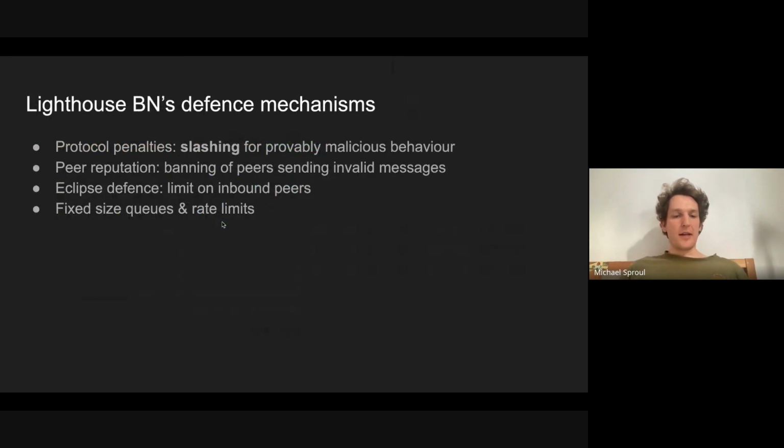Yeah, so in terms of security, Lighthouse has a number of mechanisms to protect itself and protect you as the user running Lighthouse. One of them that I mentioned before is the slashing penalty. This is a concept in Ethereum where if a validator does something malicious, they get slashed, which means that they lose part of their stake, which is proportional to how many other validators are misbehaving.